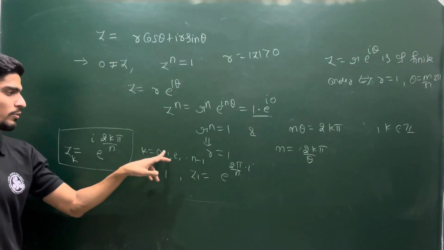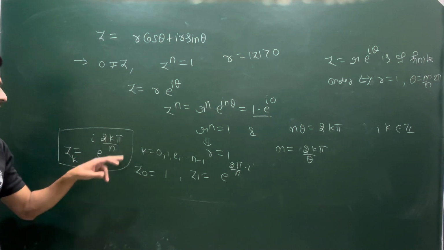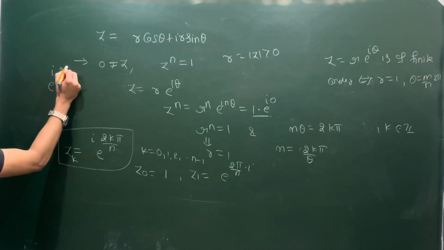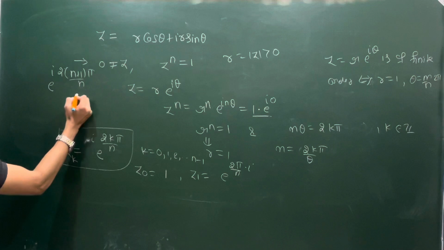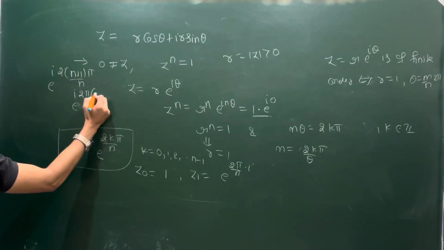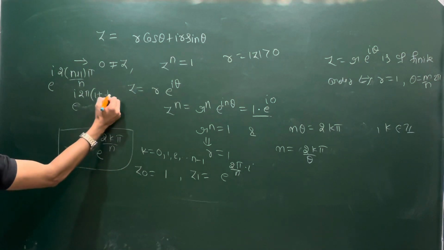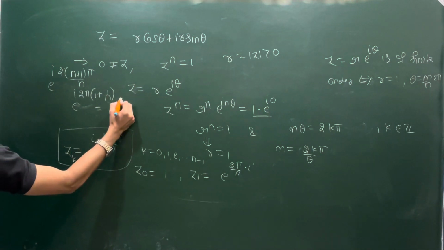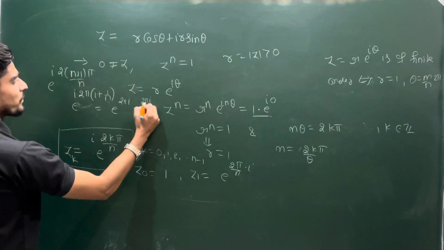If you choose k to be n plus 1, then what will you have? e power iota times 2 times (n plus 1) pi upon n. Then you can write it in this manner: e power 2 pi, this is 1 plus 1 by n, which is the same as e power 2 pi I into e power 2 pi I by n.